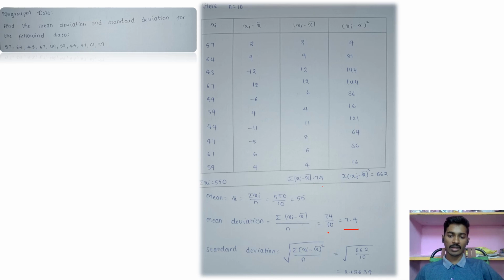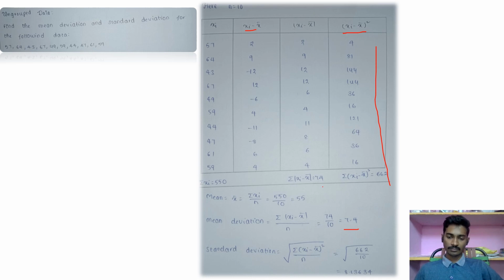And now we have to calculate standard deviation. To calculate the standard deviation in ungrouped data, the formula is root over sigma (xi minus x bar) whole square by n. We calculated xi minus x bar, and now we are squaring it: 4, 81, 12 square 144, 12 square 144, 6 square 36, and similarly all these are calculated.